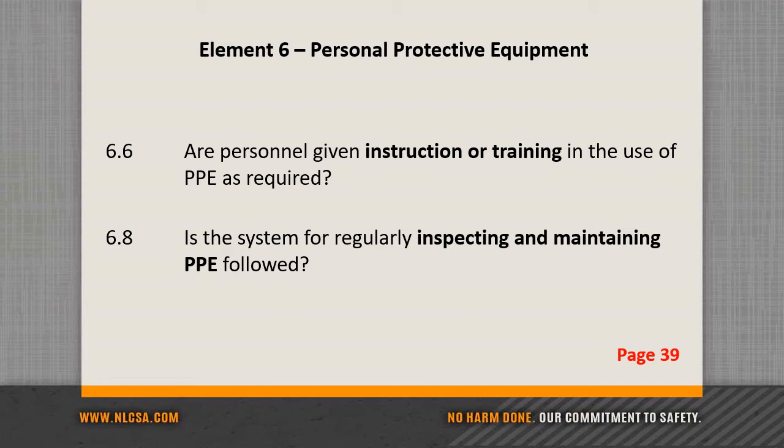6.8: is the system for regularly inspecting and maintaining PPE followed? Basic PPE inspections may be conducted and recorded as part of a safety meeting or be included as an item on the company's inspection checklist. You can include specialised PPE inspections which will verify pre-use inspection and compliance with the manufacturer's recommendations.